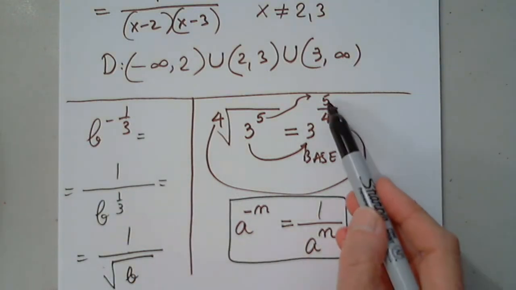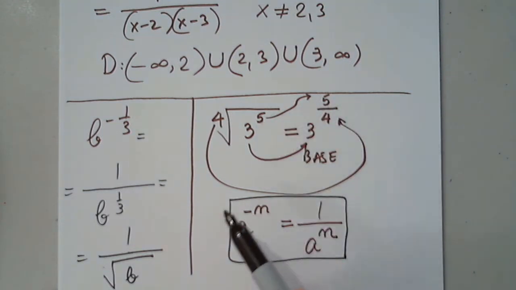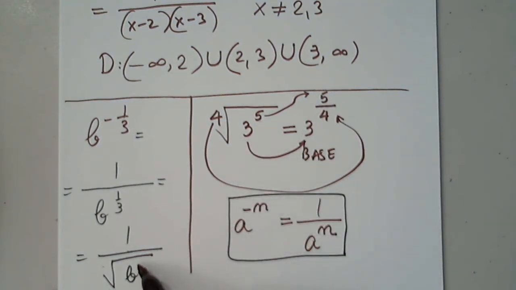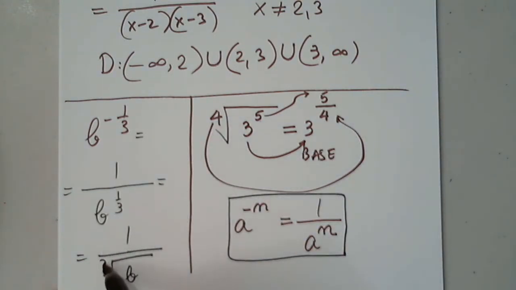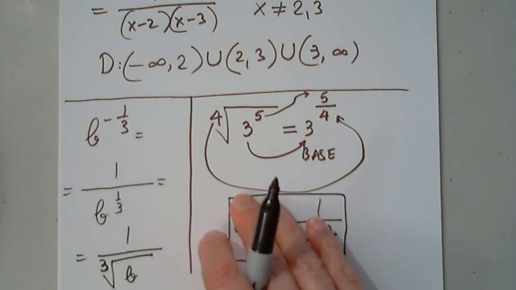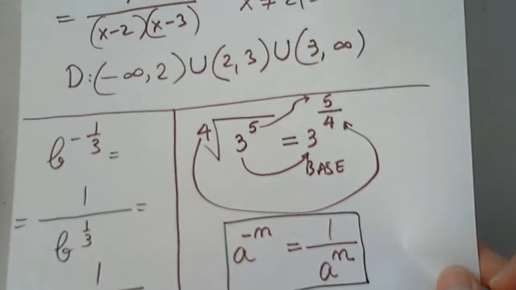The numerator is always the power of the base, 1. The denominator is always the index. So it's 1 over the cube root of b. Is this okay with everyone?